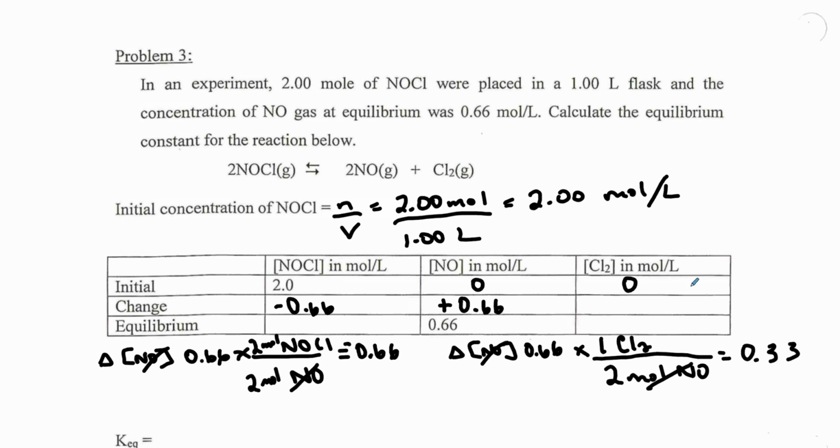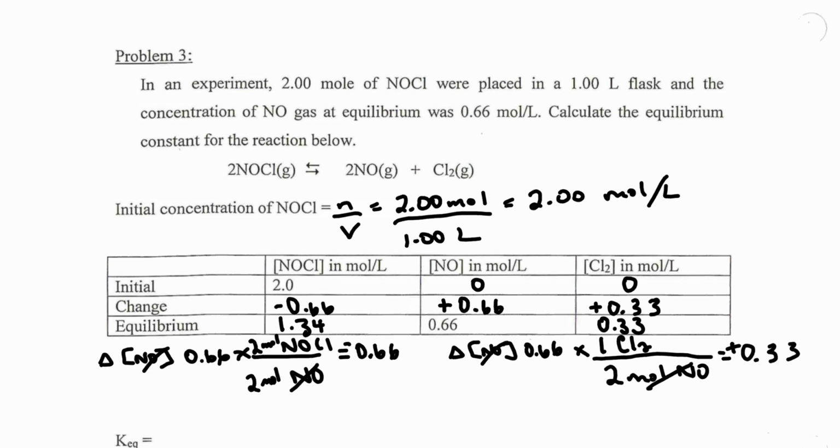And because Cl2 is a product, that's a positive change. Okay, now all I have to do is do my additions and subtractions to get my equilibrium. Okay, so 2 minus 0.66 is 1.34, and 0 plus 0.33 is 0.33.